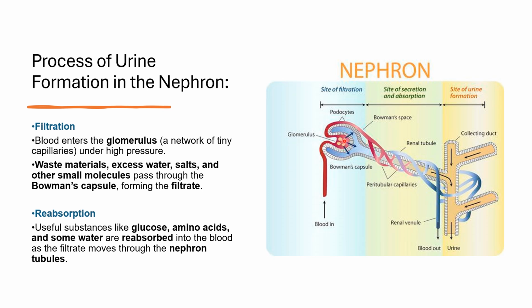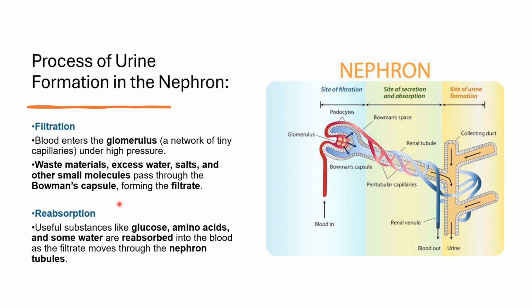The glomerulus is a network of tiny capillaries. Here waste materials, excess water, salts and other small molecules pass through the Bowman's capsule and enter the nephron tubule. Whatever gets filtered through the Bowman's capsule is collected inside the nephron tubule and is called the filtrate.